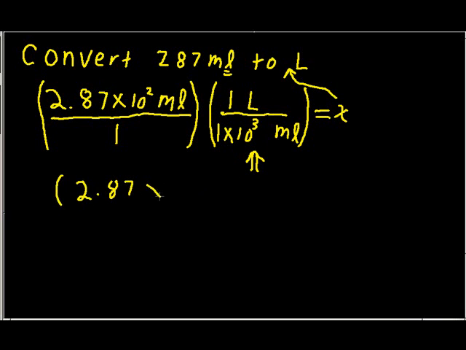And so what you get is 2.87 times 10 to the second milliliters multiplied by 1 liter.